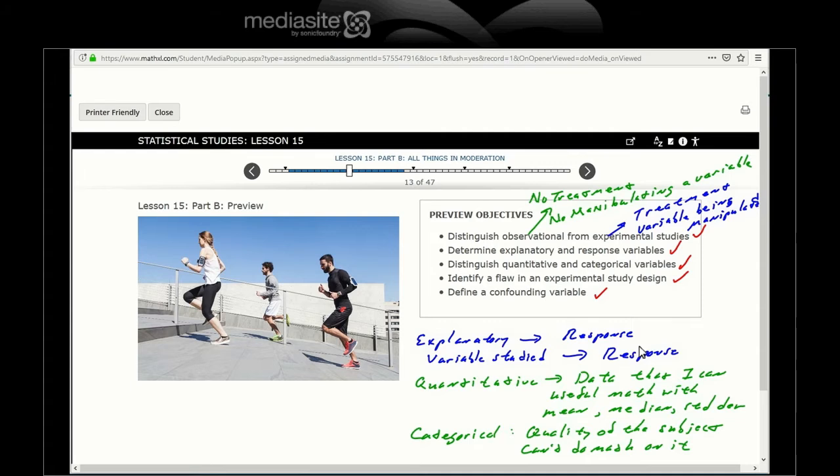And we'll discuss in this section the flaws, and we'll also look at confounding variables. A confounding variable is many times considered a third variable.